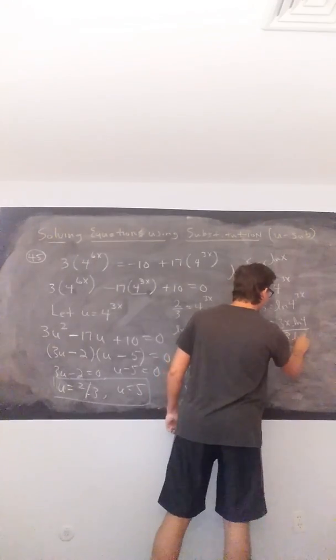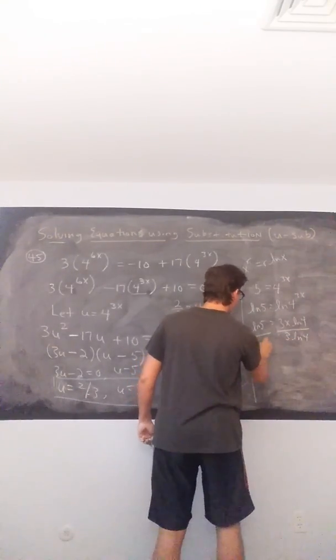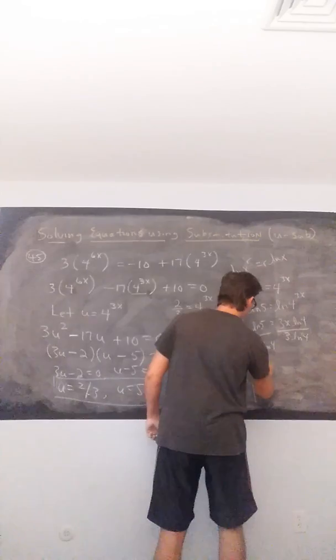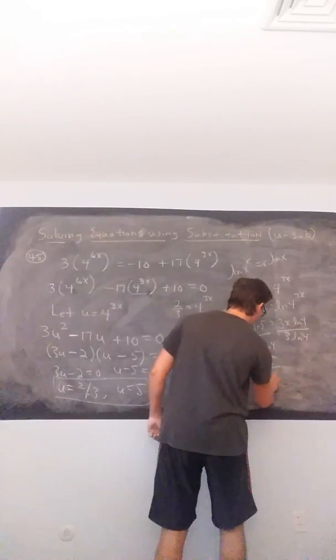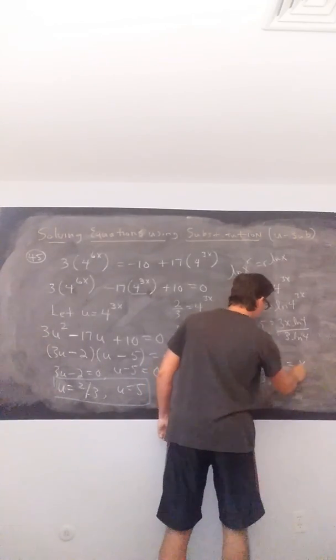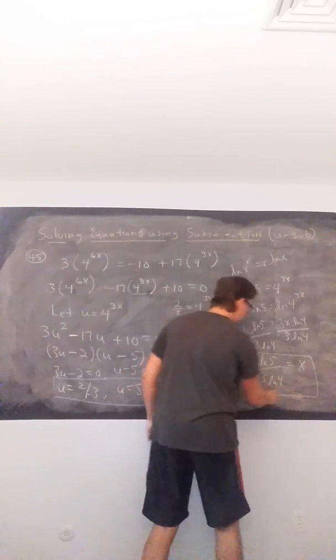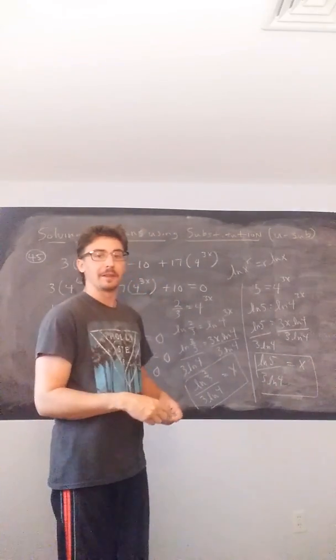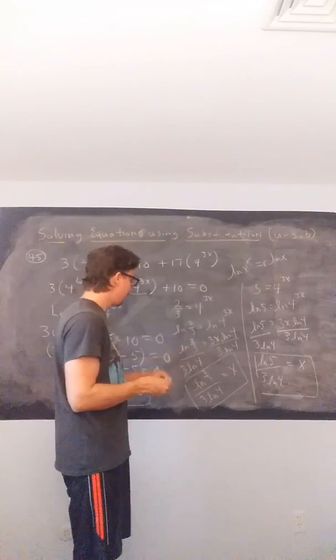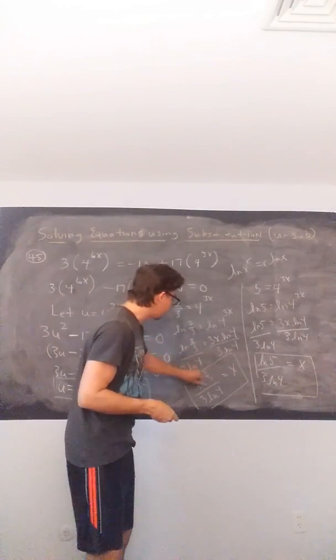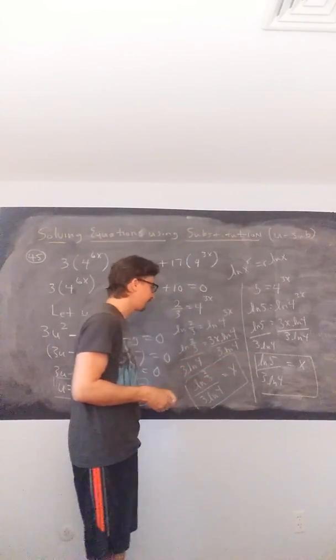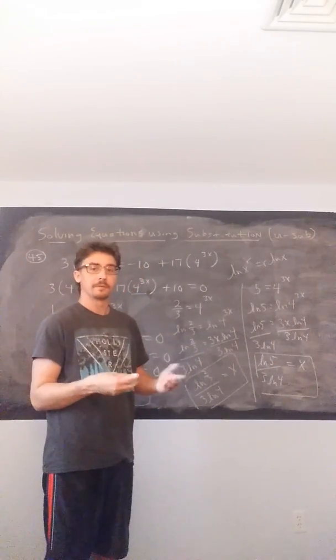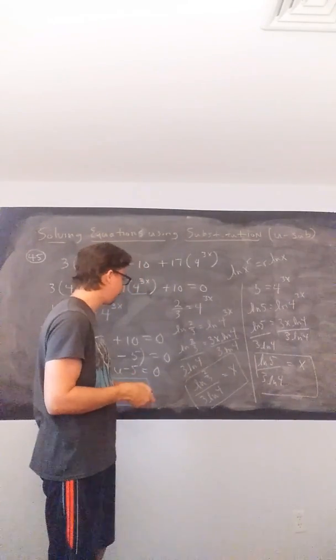Divide both sides by 3 ln 4. So we get ln 5 over 3 ln 4 equals x. And I will tell you, to spare you the time, that does work as well. And this equation has these two solutions. So both of them are workable solutions.